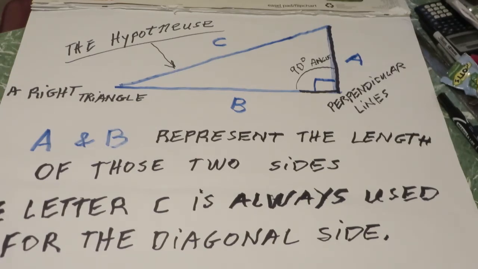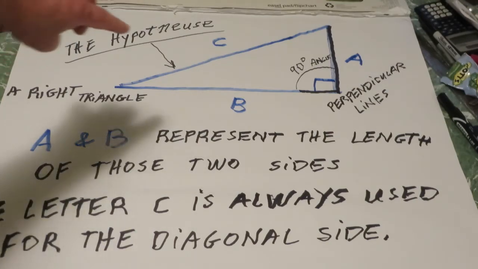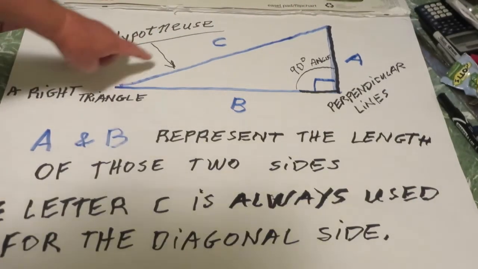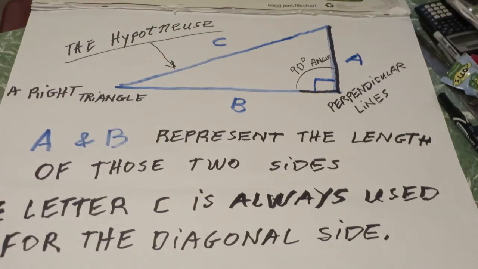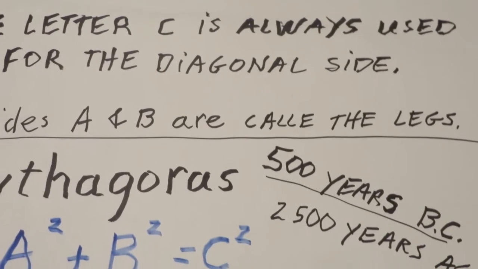The line C is called the hypotenuse. They always use the letter C to represent that diagonal line.